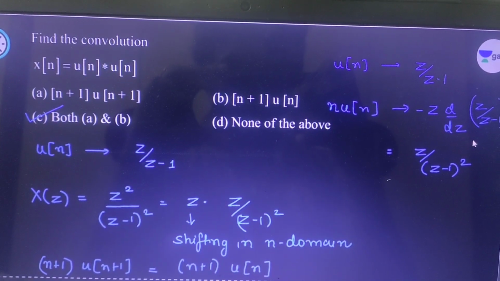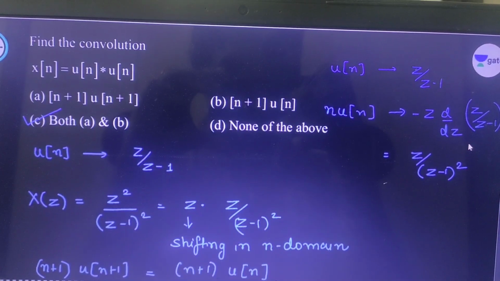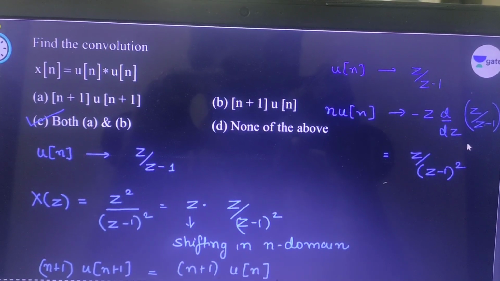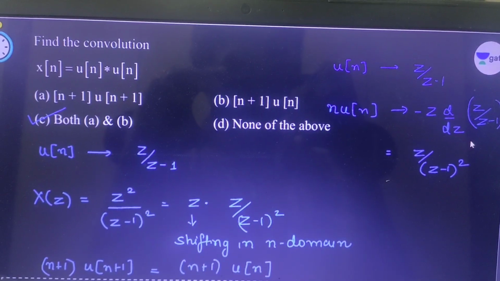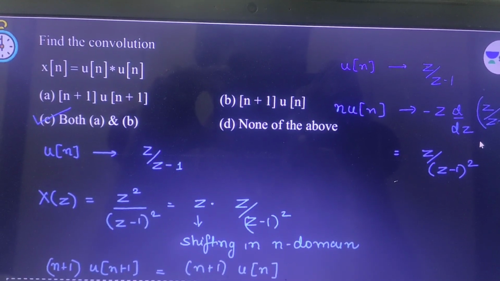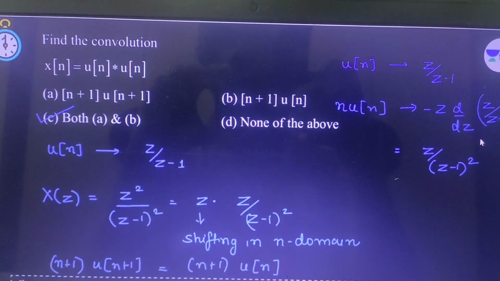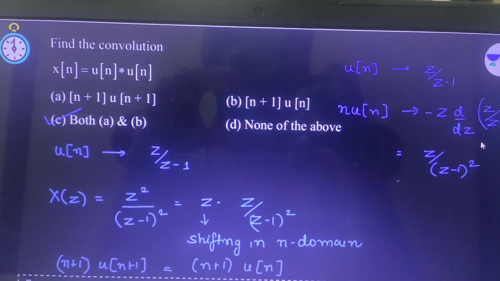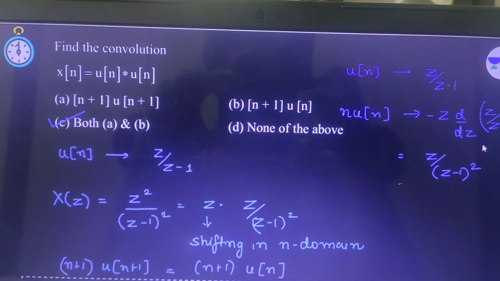According to the z transform, n into u of n is z by z minus 1 whole square, and there is a shifting in the n domain. So that is n plus 1 into u of n plus 1. Also you can write it as n plus 1 into u of n.